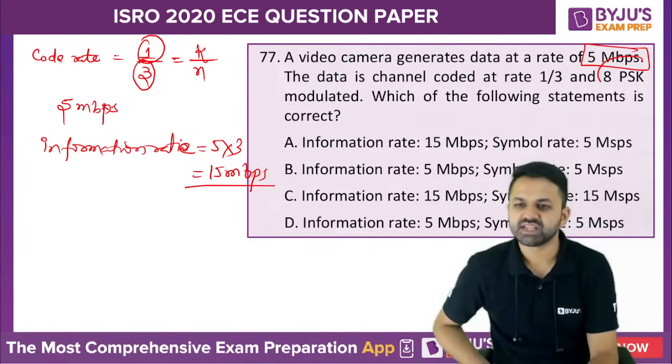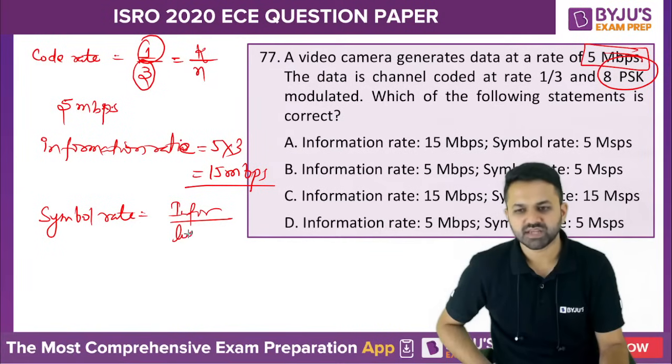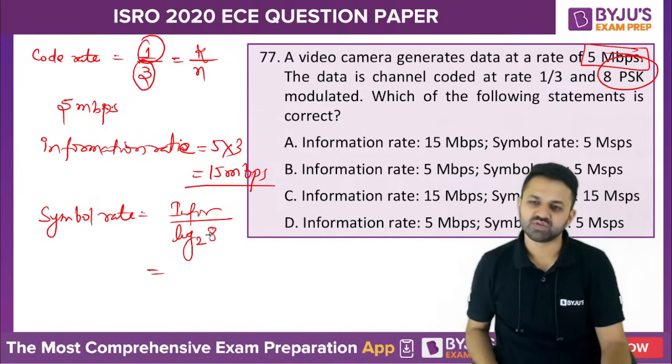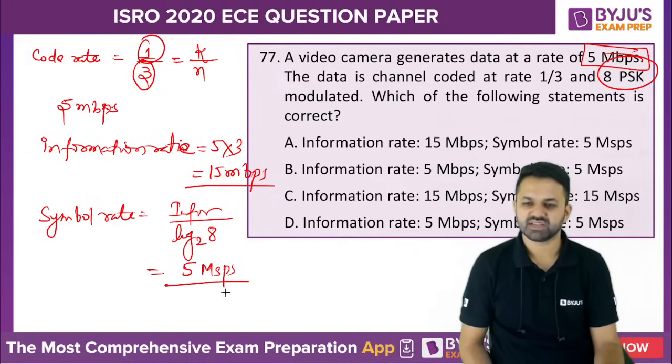Now because we are using 8 PSK, what is the symbol rate? The symbol rate is the information rate divided by log base 2 of the number of levels we are using in the PSK system, that is 3. So it is coming as 5 mega symbols per second.